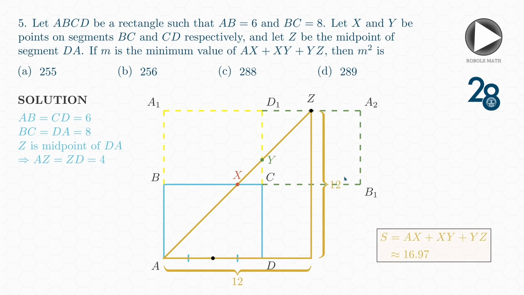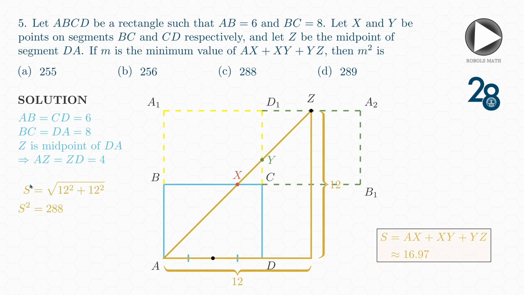So by the Pythagorean theorem, the minimum value of S should be the square root of 12 squared plus 12 squared, which is 144 plus 144, which is 288. So the minimum value of S squared is 288.